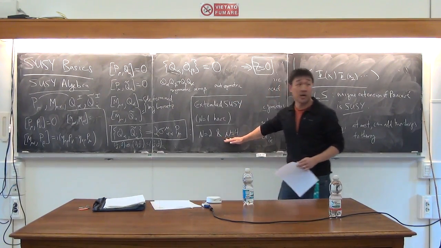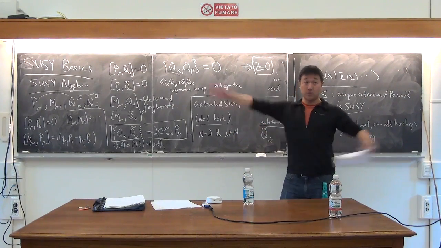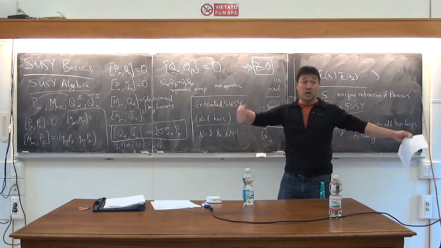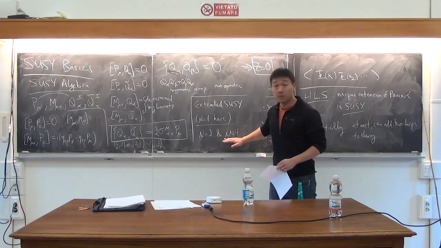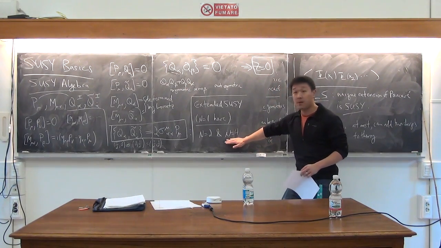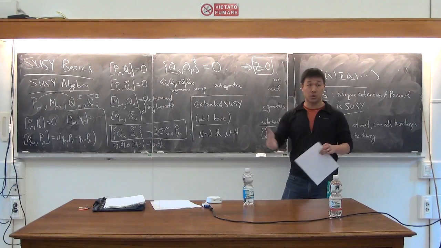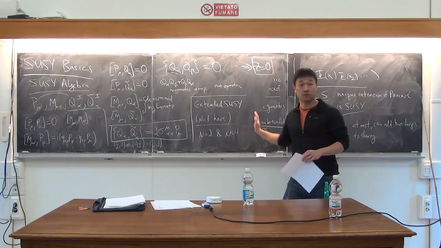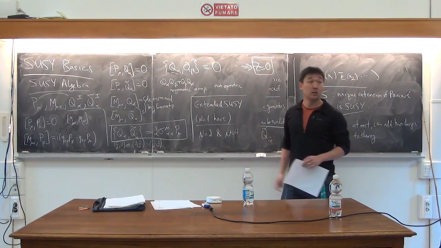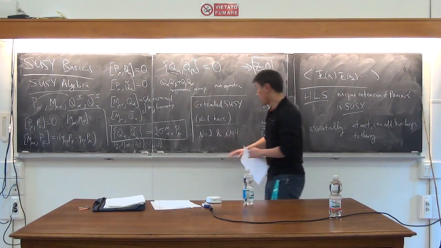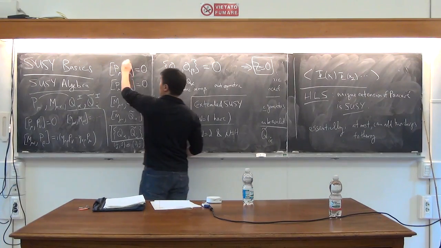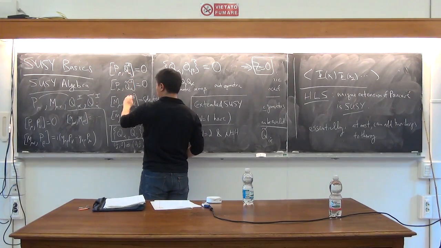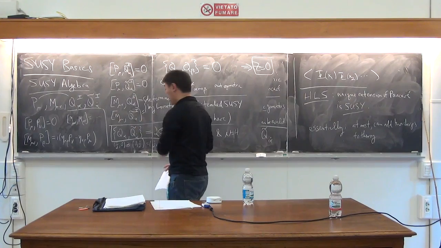If you try to go beyond N equals 4, your multiplets become so big that they contain fields with spin higher than 1, and so are no longer normalizable QFTs. So it's standard to stop at N equals 4, but if you're doing supergravity, which is already not normalizable, then you can go further, to N equals 8. For example with N equals 2 and N equals 4, if you do extended SUSY, all of the things that we discussed before are still true.